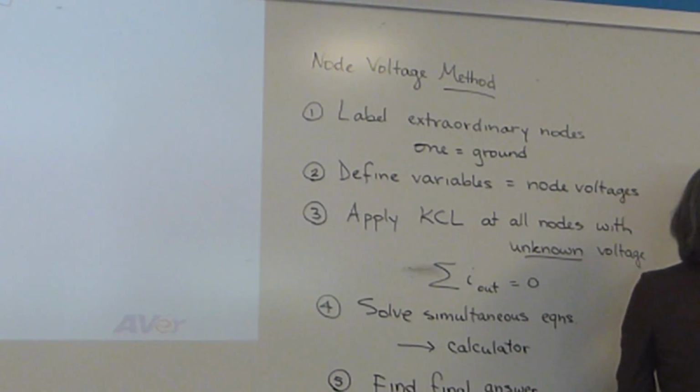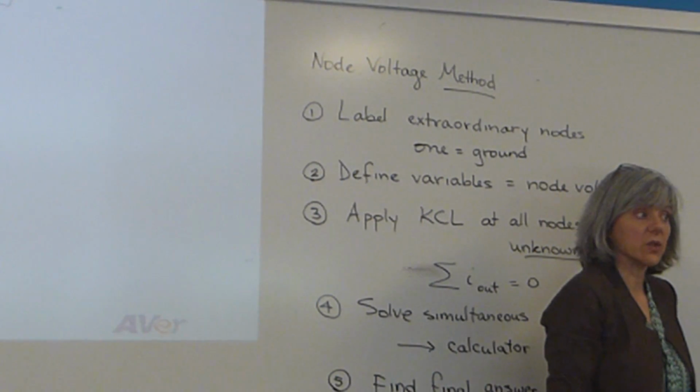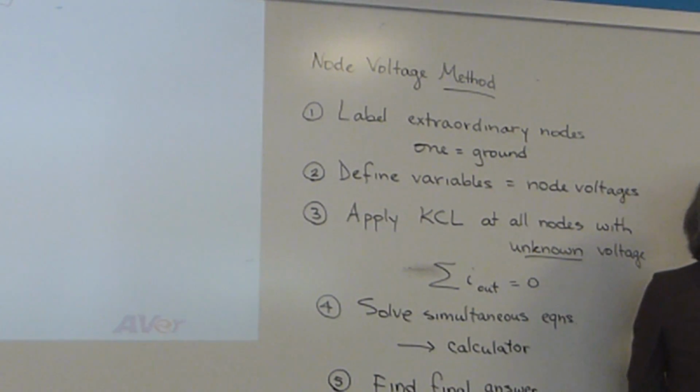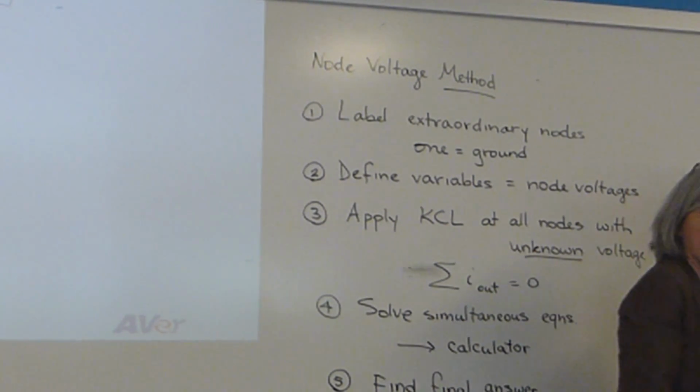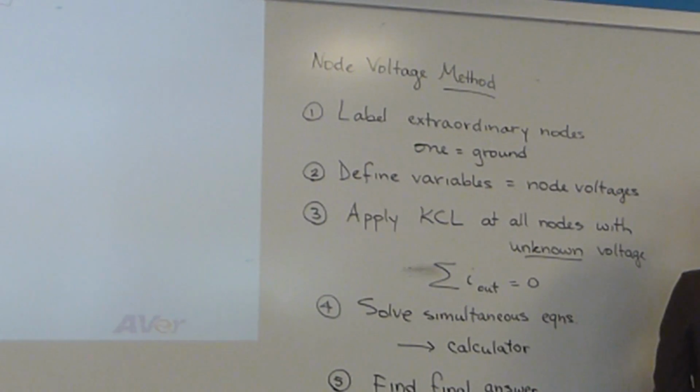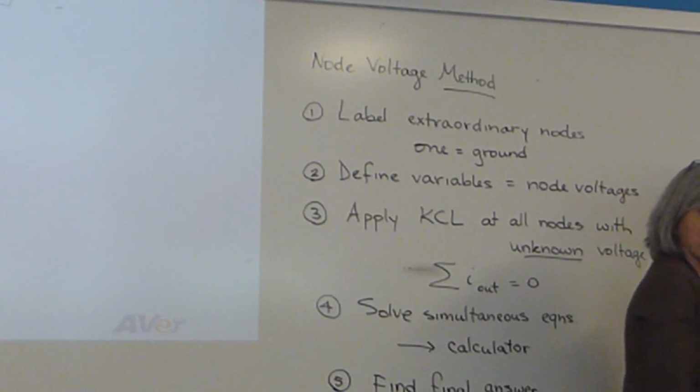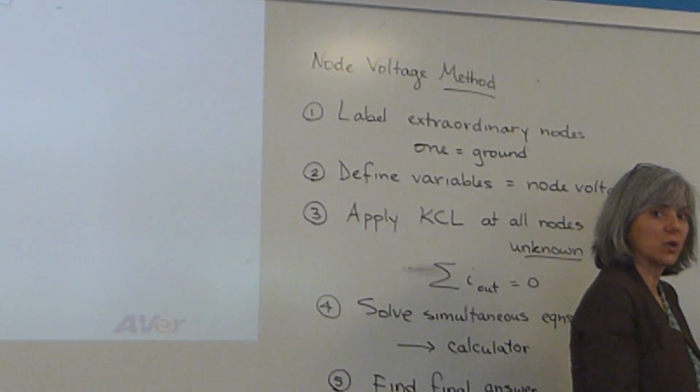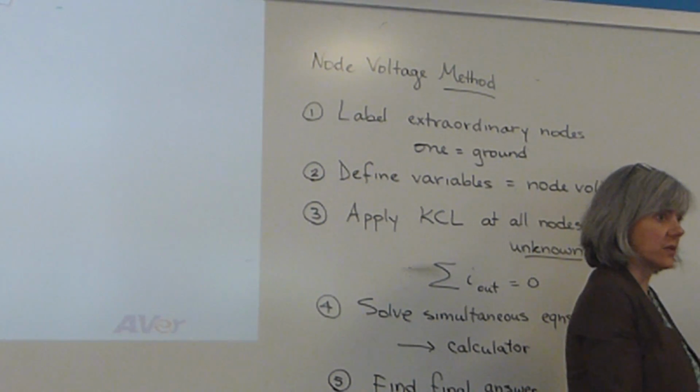The last thing that we can have connected is a resistor. And so here, if we've got, say, node A, and there's a resistor between node A and node B, and we're trying to do KCL here, so our current out looks like that. We need to remember how to write the current through that resistor.